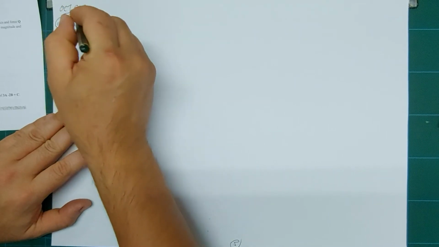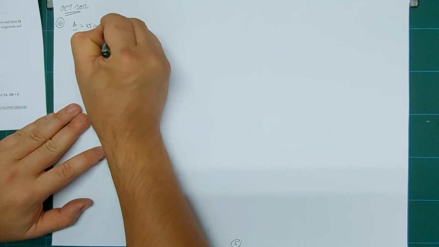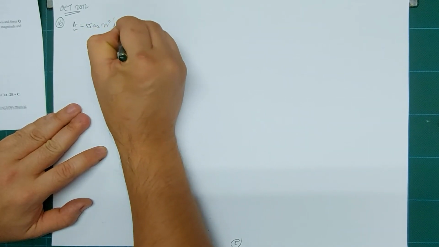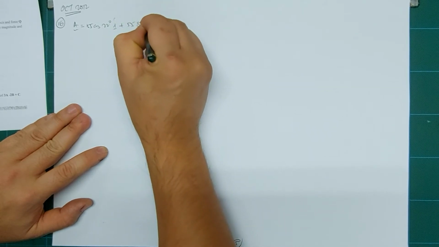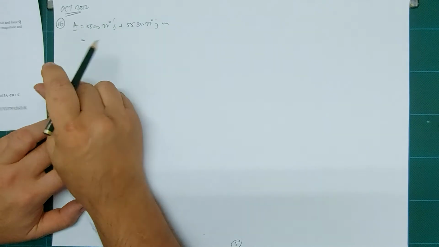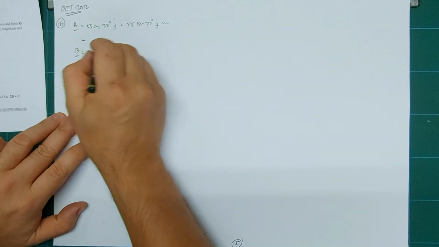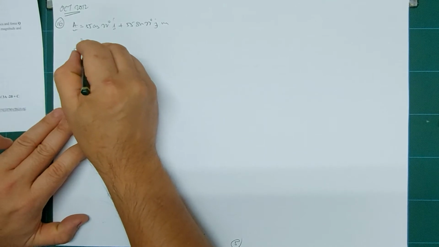So a is 55 cosine 22 degree i plus another one 55 sine 22 degree j. They are all in meter. We can put that value there first. We come back to calculating the value later on after we write down all these components.